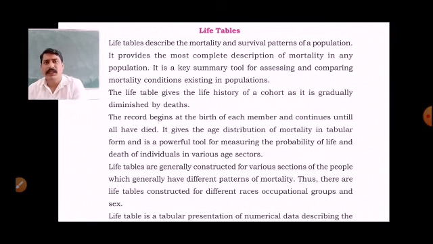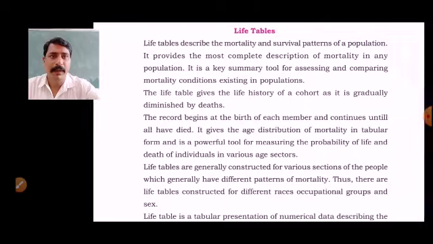Compared to other countries where nutrition, food and various things are not available, their death pattern is different. The dying chances are more even for a 10-year-old person. So with the help of the life table we can compare with other locations also. The record begins at the birth of each member.